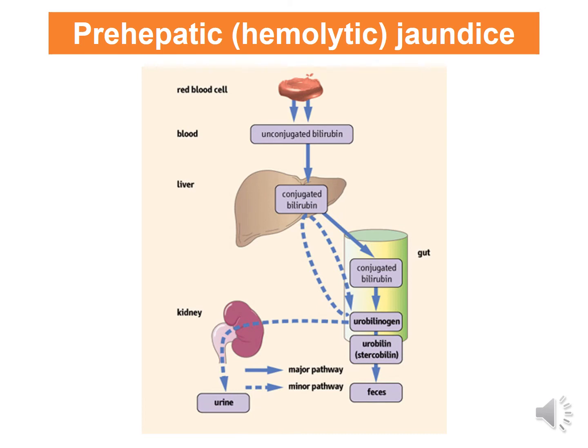This excess capacity allows the liver to respond to increased heme degradation with a corresponding increase in conjugation and secretion of conjugated bilirubin. However, extensive hemolysis, for example in patients with sickle cell anemia or deficiency of pyruvate kinase or glucose 6-phosphate dehydrogenase, may produce bilirubin faster than it can be conjugated.